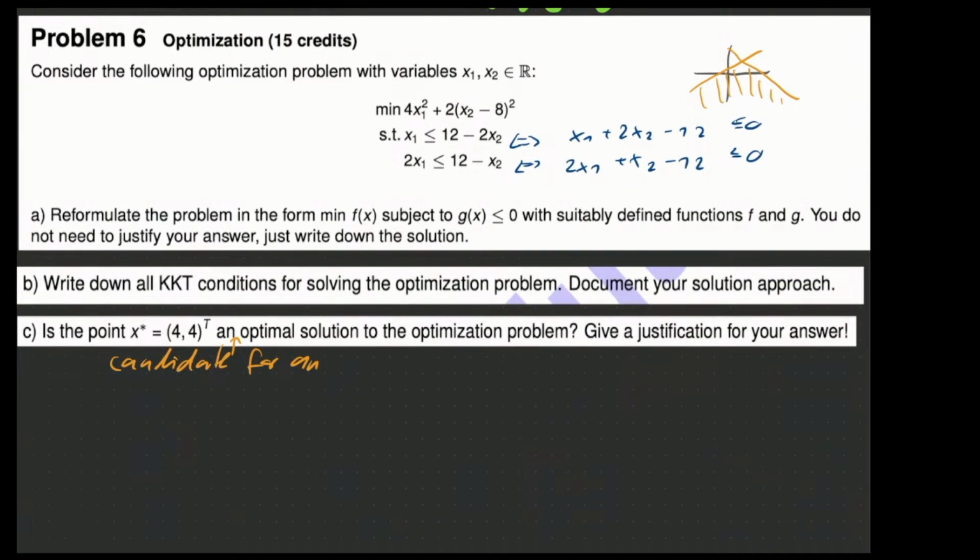All right, brief discussion of how to solve this. Again, in part A, we reformulate the problem in the right form. So basically, I wrote that down already. So for part A, this is already a minimization problem. So our f is exactly the function that is after the minimize. And just copy that. Right, that is this function here.